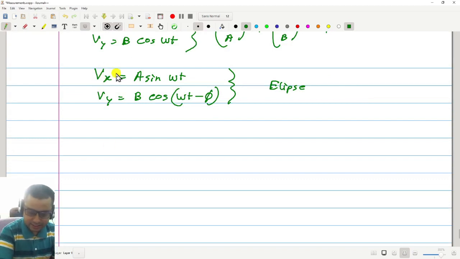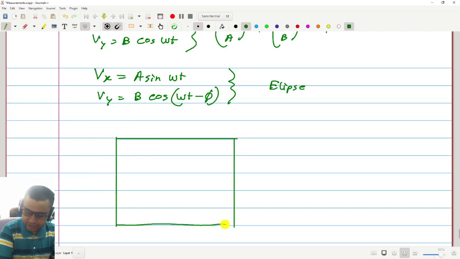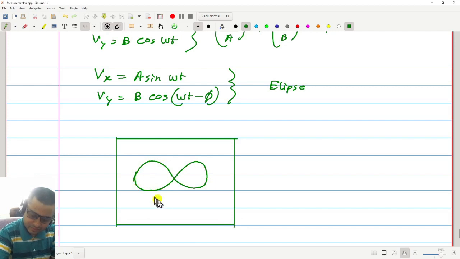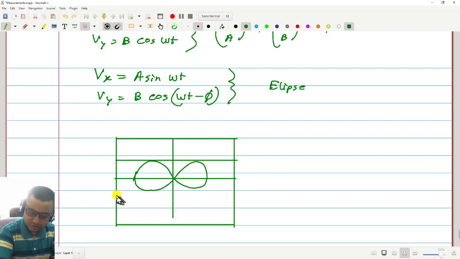Acha, let me ask this in a puzzling way. Suppose this is the screen, and on screen I get a display like this. So from this display, what can you say about the two voltages? This is the trace of the electron beam.